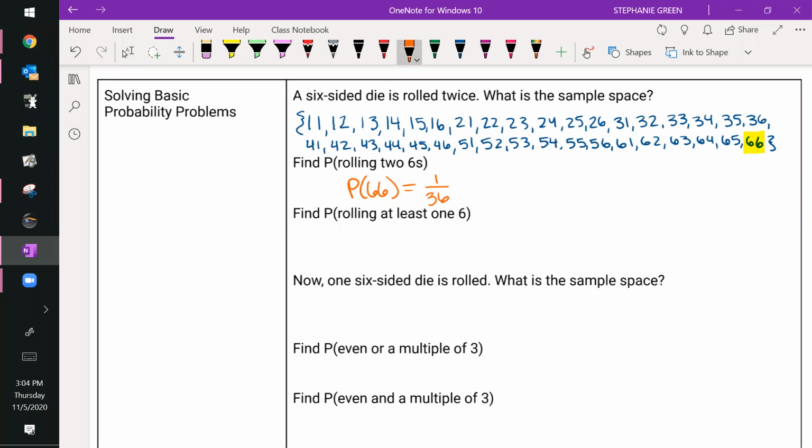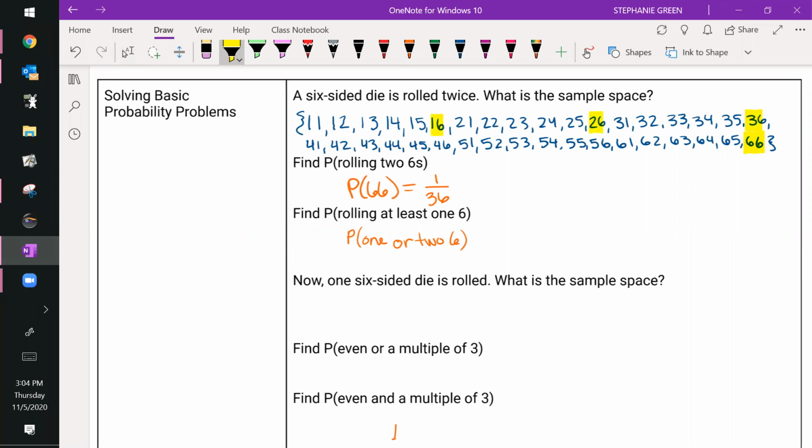Now, what's the probability of rolling at least 1 6? That would be 1 6 or 2 6s. So I'm going to go through and highlight every instance where I see either 1 6 or 2 6s. I see one here, here, here.